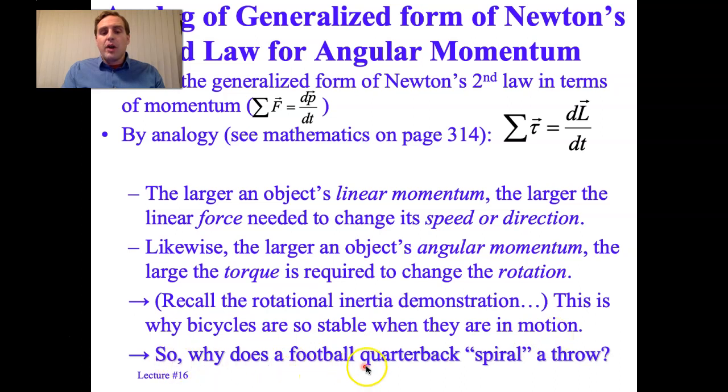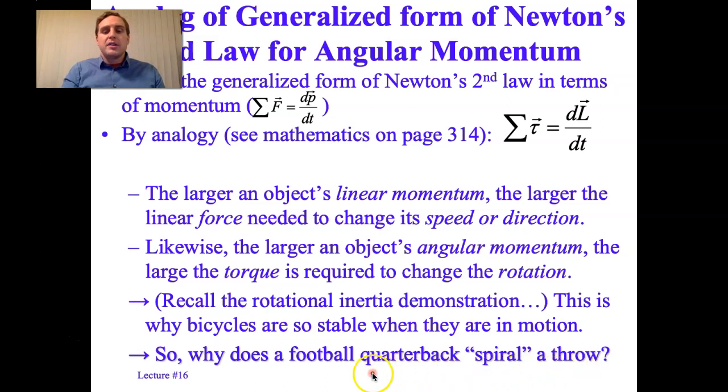And think about this. Why does a football quarterback spiral a throw? If a quarterback did not spiral a ball, it could get blown around by the wind, it could have a lot of air resistance, and so on. But if a quarterback spirals a throw, the orientation of the axis should stay relatively constant. And so the ball's trajectory should be relatively stiff, and it should take a pretty nice flight path.